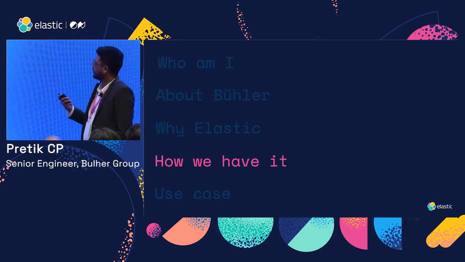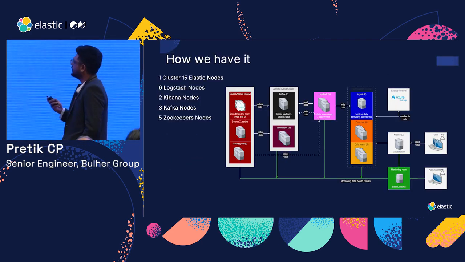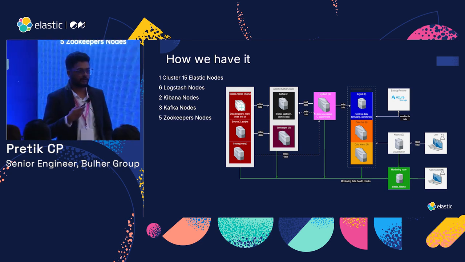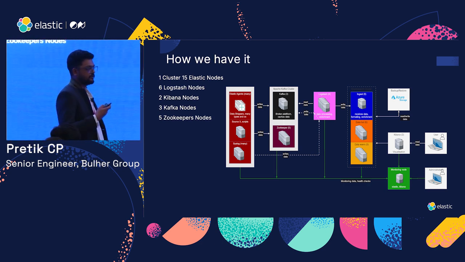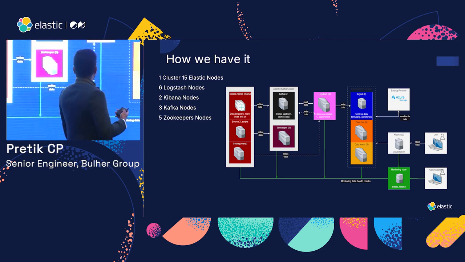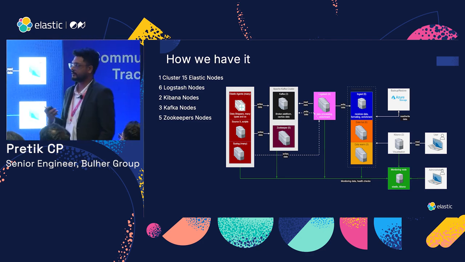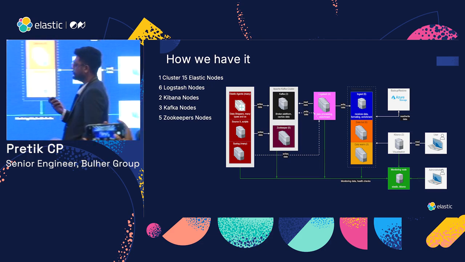So now I will move into how we developed. Now you have the basic idea of what Bühler does and why we have chosen Elastic. So as you can see, we have one cluster and 15 Elastic node configuration.